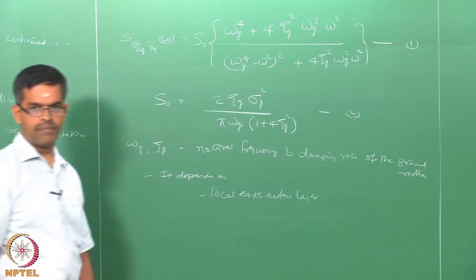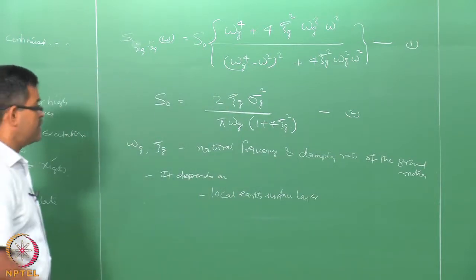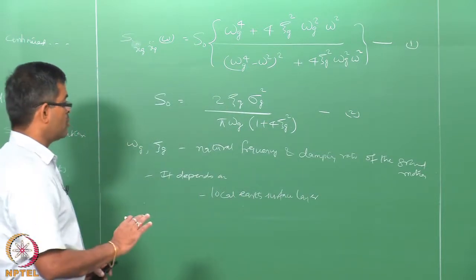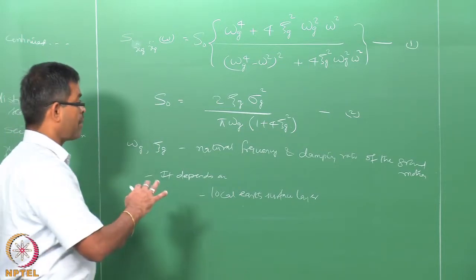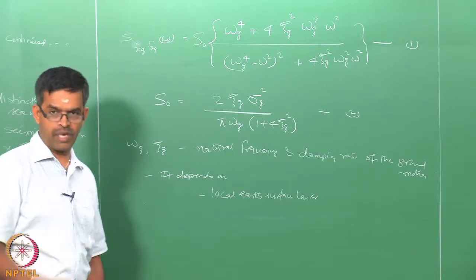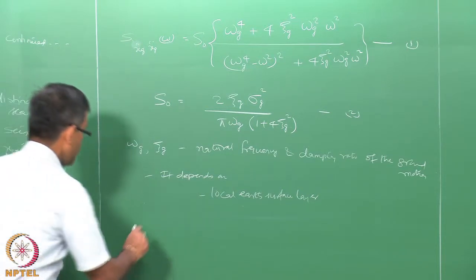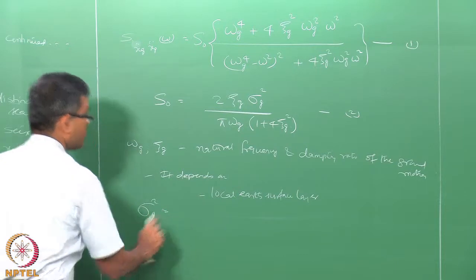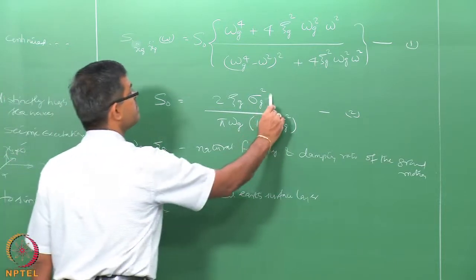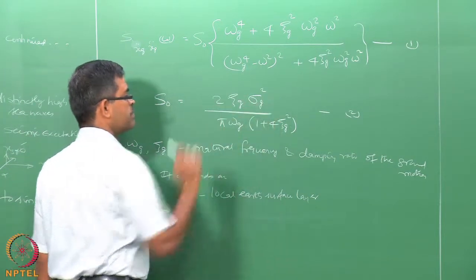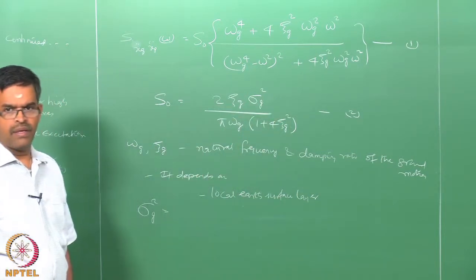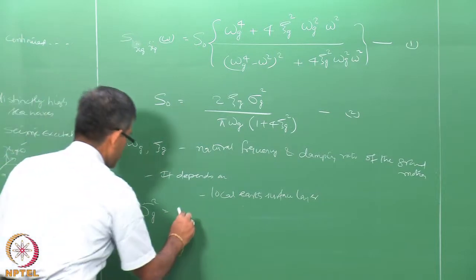That is one characteristic, which needs to be simulated according to the real earthquake that happened in one of the regions where the TLP is located. Sigma g square, which is a variable here, is the variance of the ground acceleration.